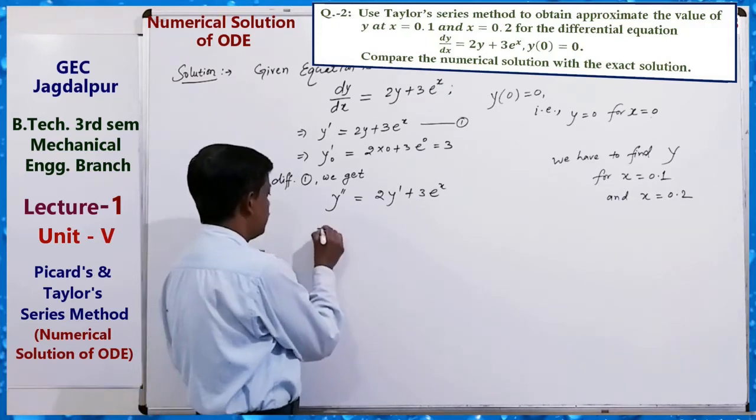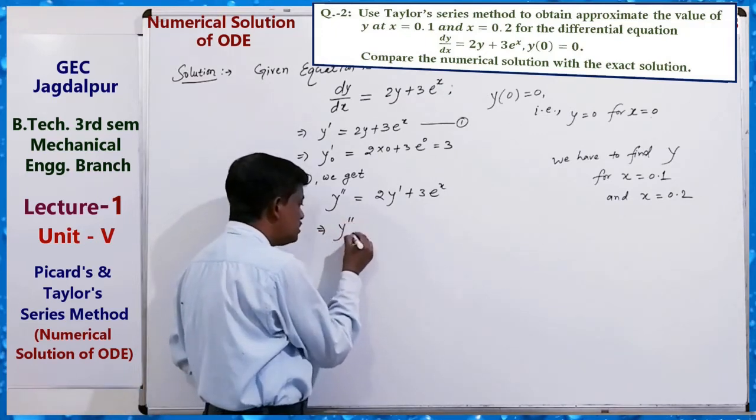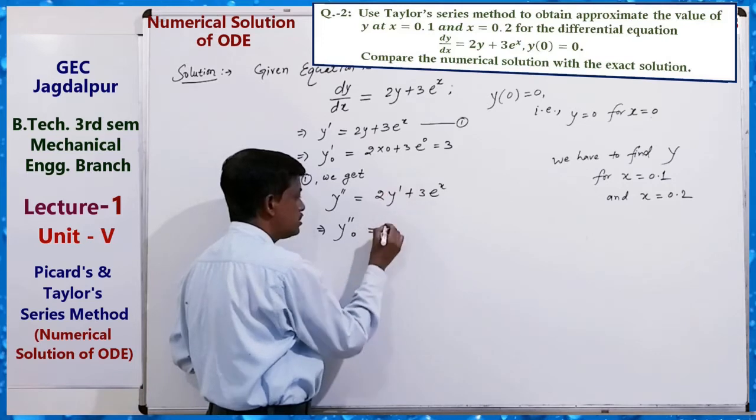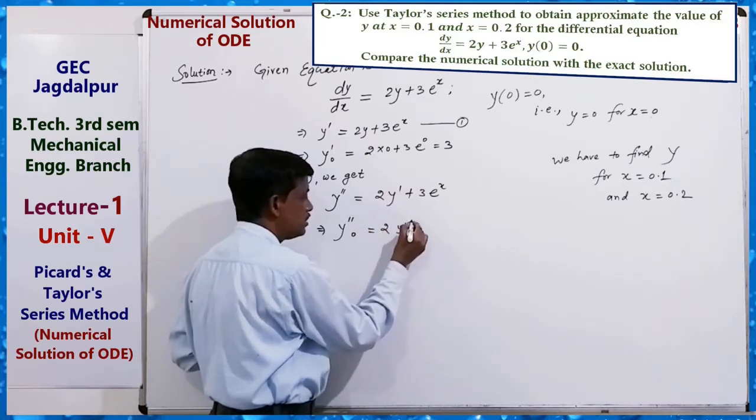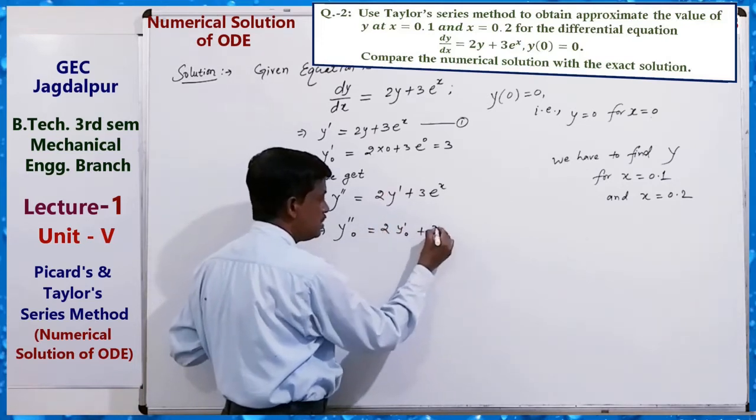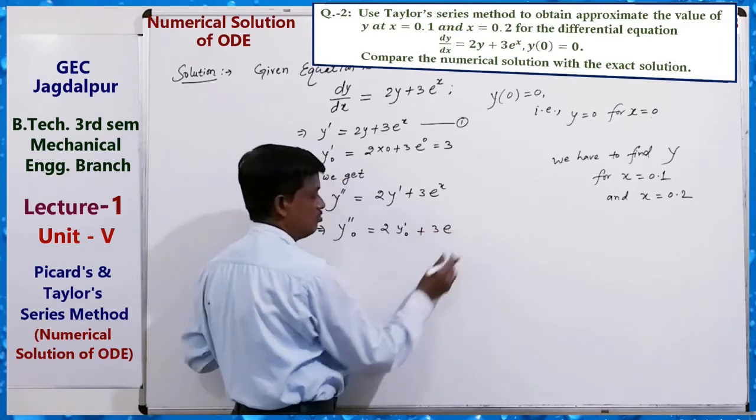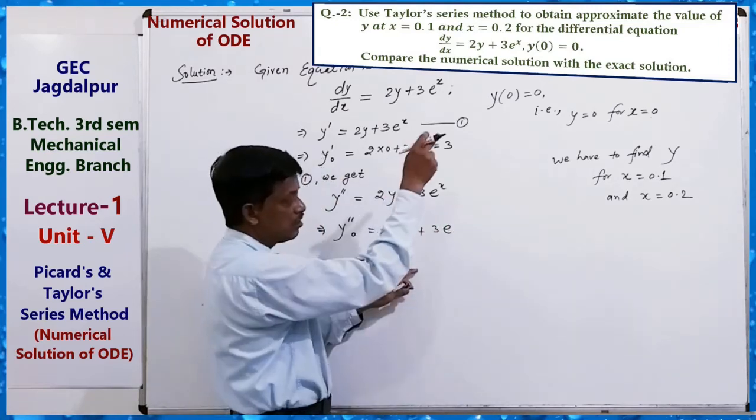For finding y double dash at 0, just put y dash at 0 in 2 y dash plus 3 e to the power x at x0, that is 0.